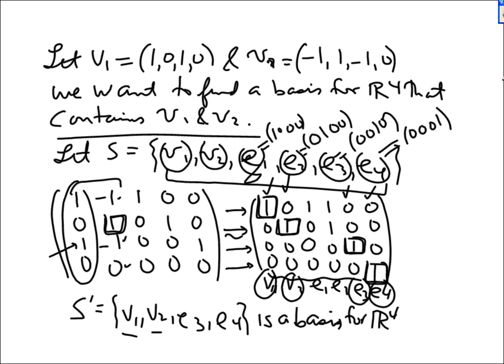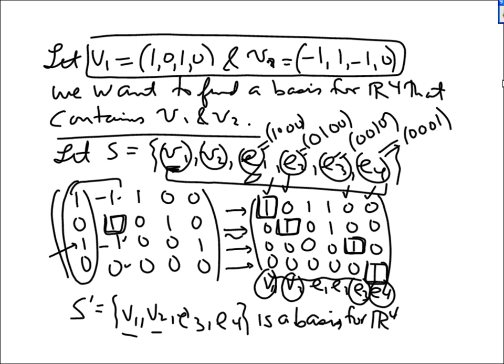Now this is very routine work. You want a basis for R4 that has these two vectors, V1 and V2. Now append to it a known basis for R4.